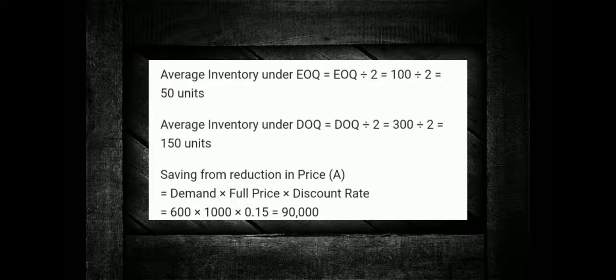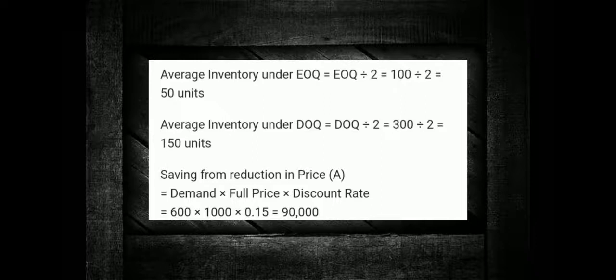To calculate the average inventory under EOQ, we have EOQ divided by 2, which is 100 divided by 2, equal to 50 units. Average inventory under DOQ is DOQ divided by 2, which is 300 divided by 2, equal to 150 units.